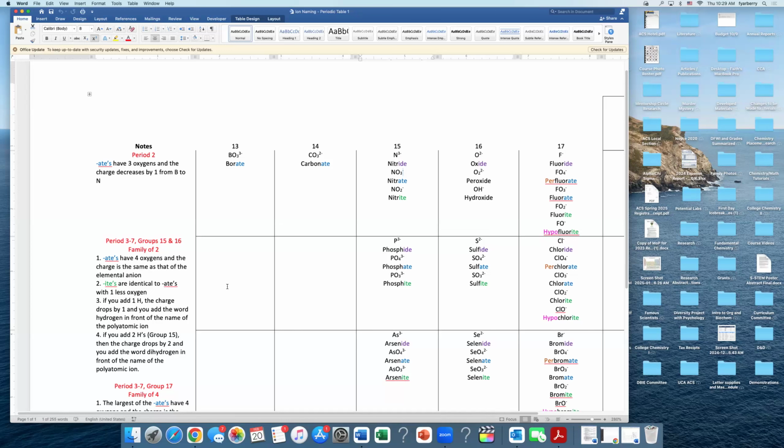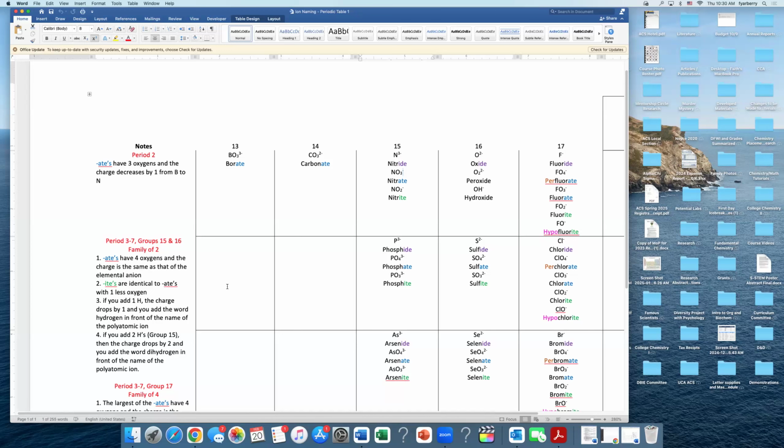A neat thing that you will notice is that 4 oxygens with a -1 charge gets the prefix per. That is true, period. If you have 4 oxygens and a -1 charge, put that prefix per on it, because that's going to be true.